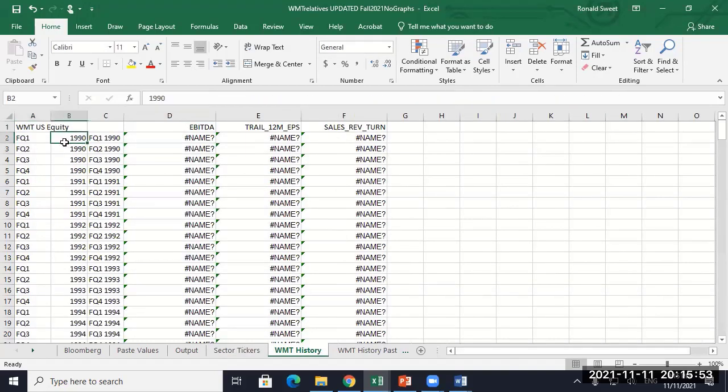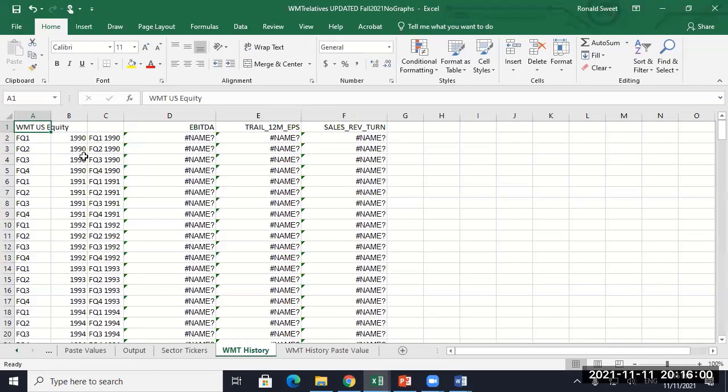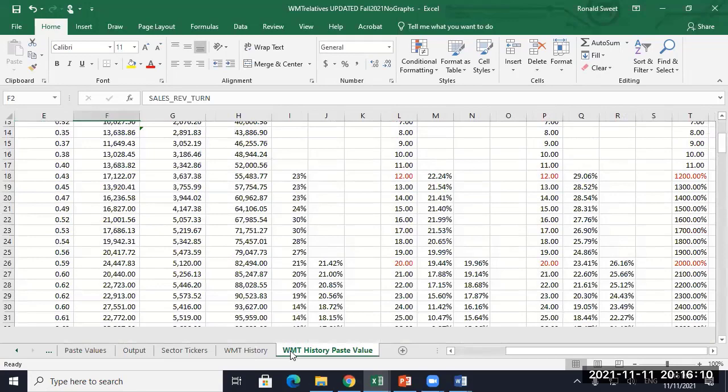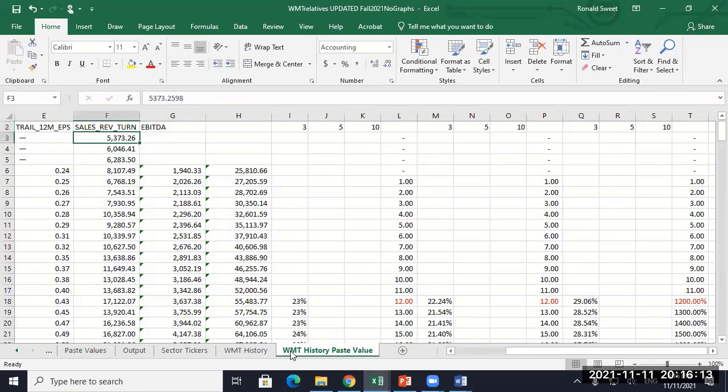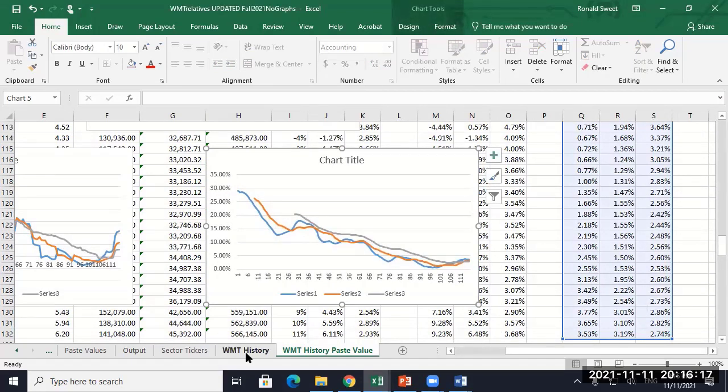I don't know what this even means. Oh, this is Walmart's. Yeah, you could use this one if you wanted to for your company. What this does is it brings in EBITDA, earnings per share, and revenue. That's for that growth. Remember, I did that here to show their growth over time. So if you wanted to show the growth rates over time, you can certainly do that with this one here.